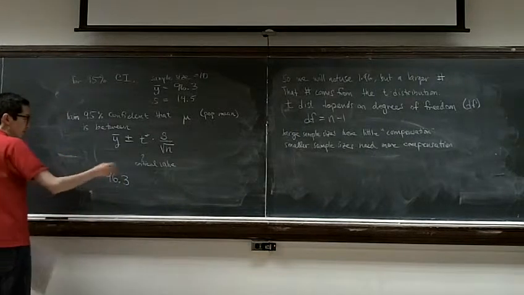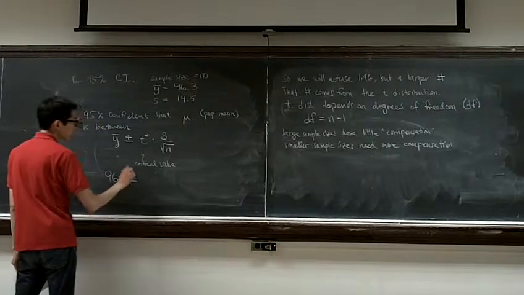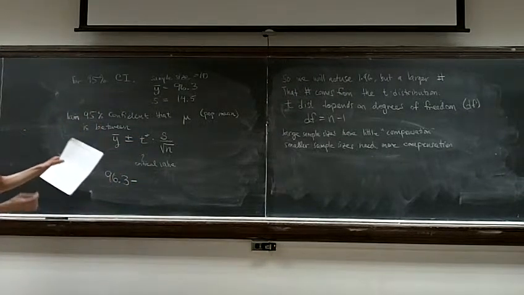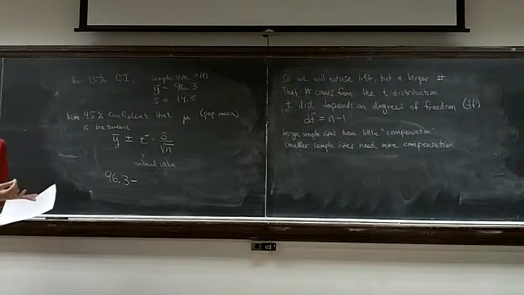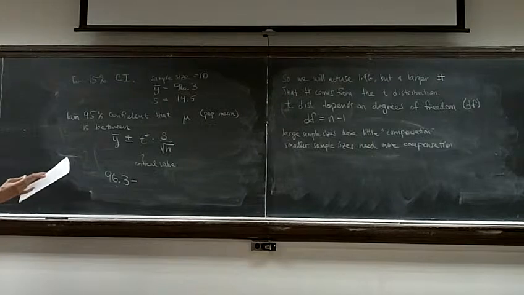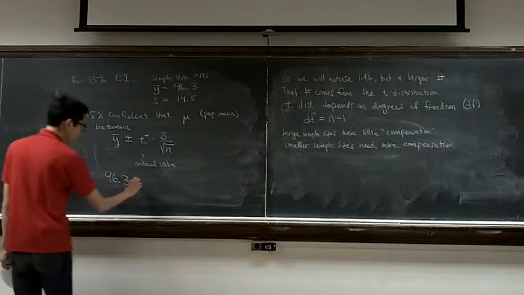So I'll split this into 2 parts, okay? So I'll do 96.3 minus t star. So for 95%, if I have a sample size of 10, what's my degrees of freedom? I've got 9 degrees of freedom, so my t star will be 2.262.